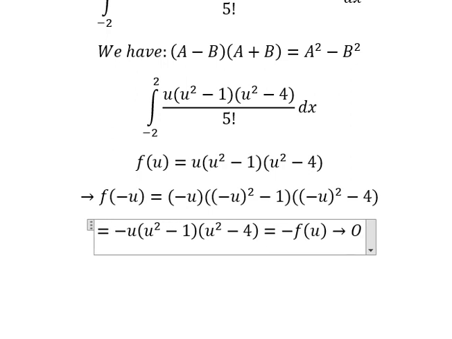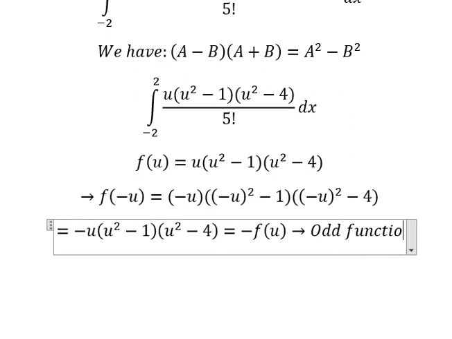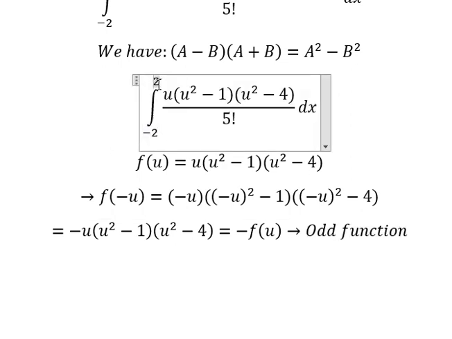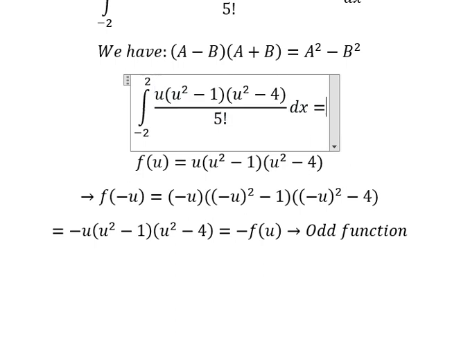That means this one is an odd function, and the bound is symmetric. So the value of this one equals 0.